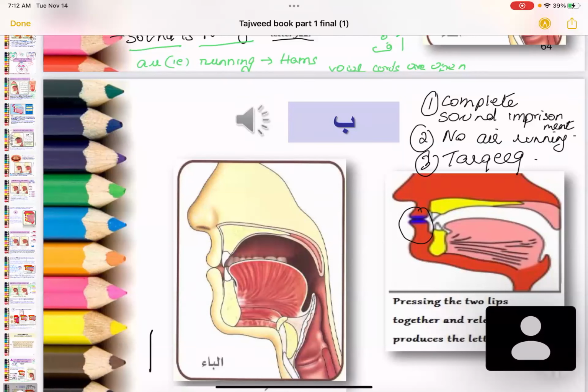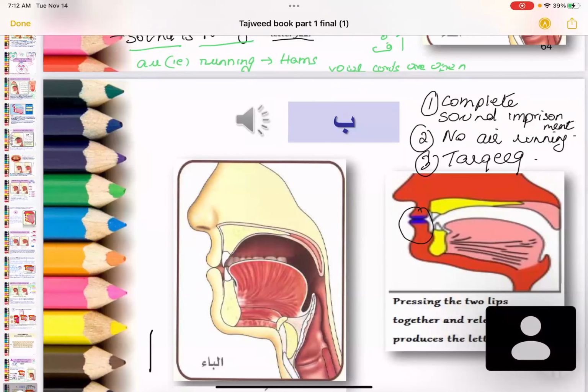We know that when you say ba, you can feel the sound has strength in it, okay? And ba comes from the articulation area of the two lips, and we know when we shut those two lips, press the two lips together, the sound of ba is confined in the mouth, right? The sound is imprisoned.